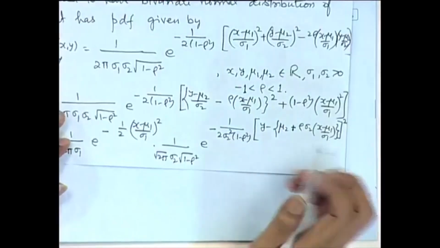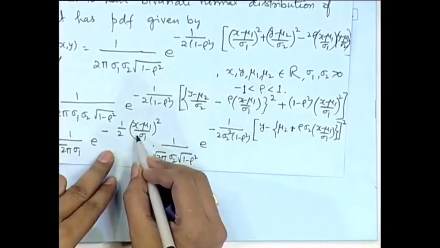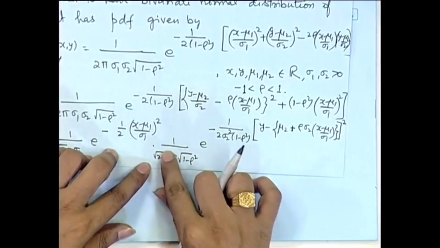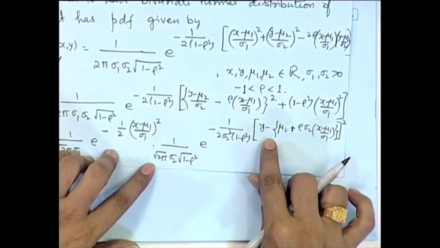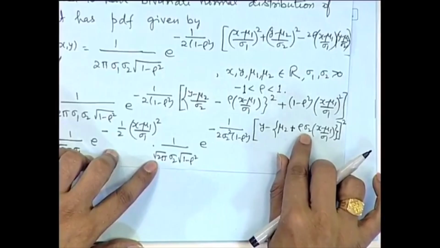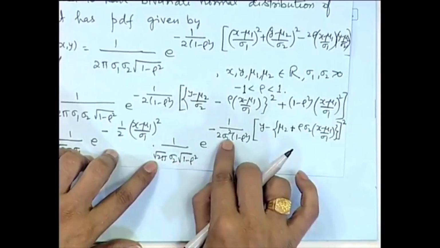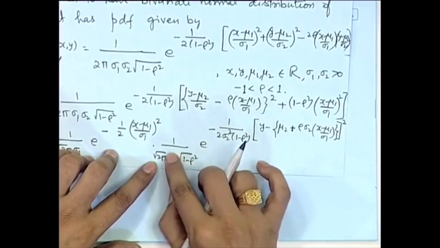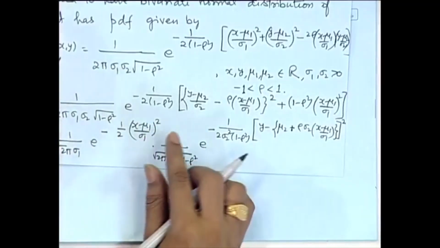So, if we want to find out the marginal distribution of x, we can integrate this with respect to y. We notice here that this entire term denotes a distribution which is normal with mean mu 2 plus rho sigma 2 (x minus mu 1) by sigma 1 and variance sigma 2 square into (1 minus rho square). So, if we integrate with respect to y, this term will give us unity and we will get only this term.